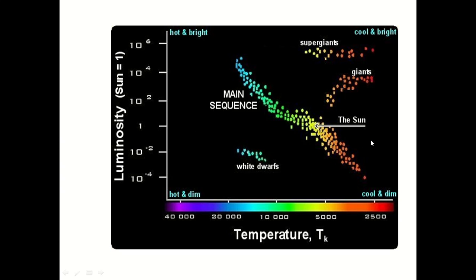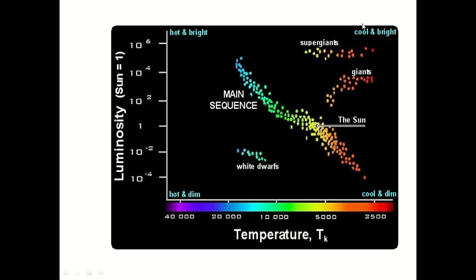If you consider the right bottom corner, right means the temperature is low, and bottom means the luminosity is low. So here we can have low temperature, less luminous stars, or cool and dim stars.